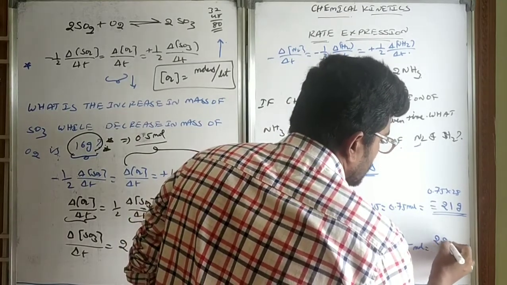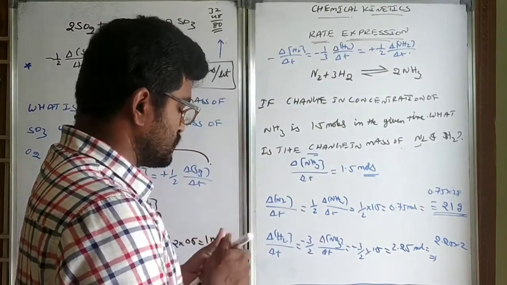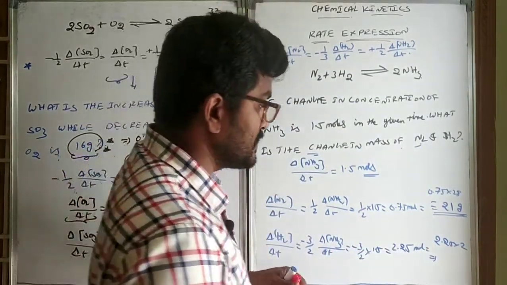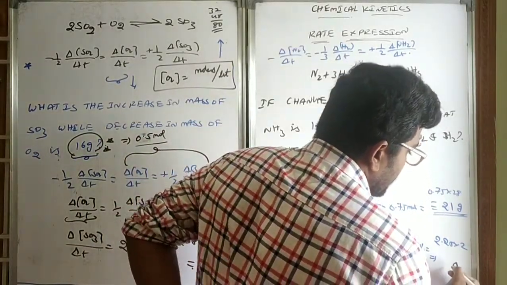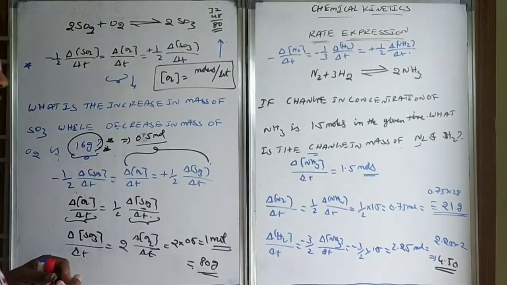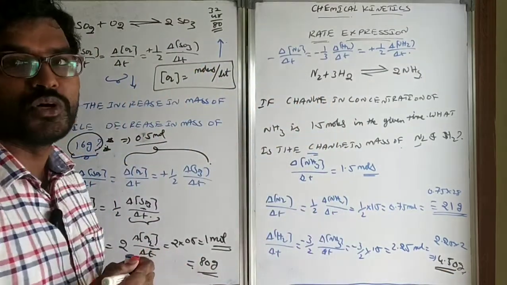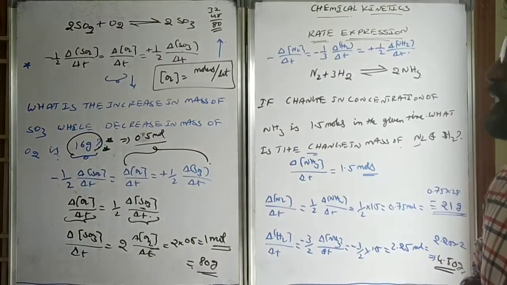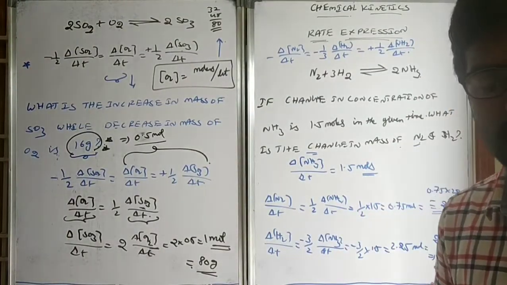So 2.25 into 2 grams, because the mass of hydrogen is 2, which gives 4.5 grams. Like this, based on the rate expression, a number of problems will be asked. So writing the rate expression is a very important thing.